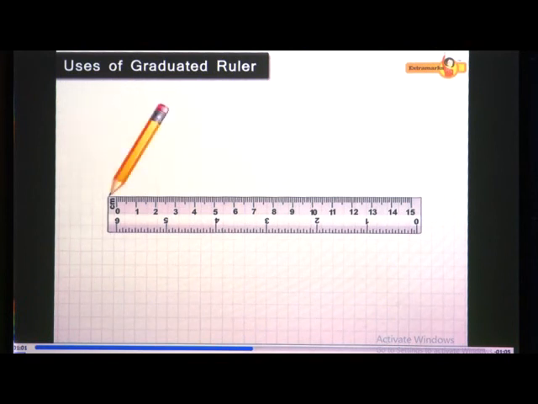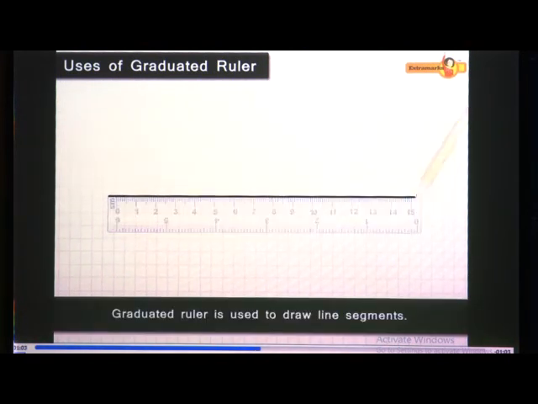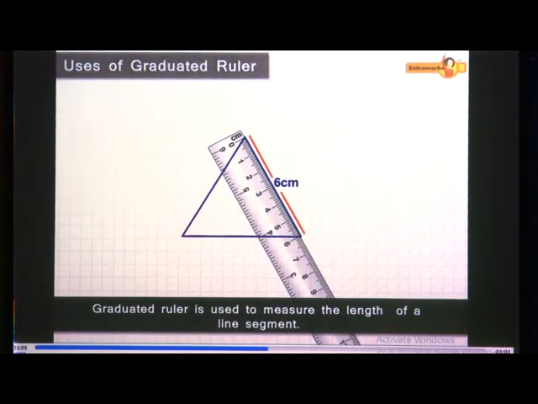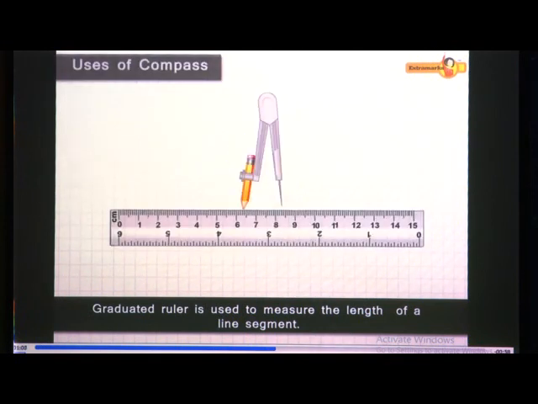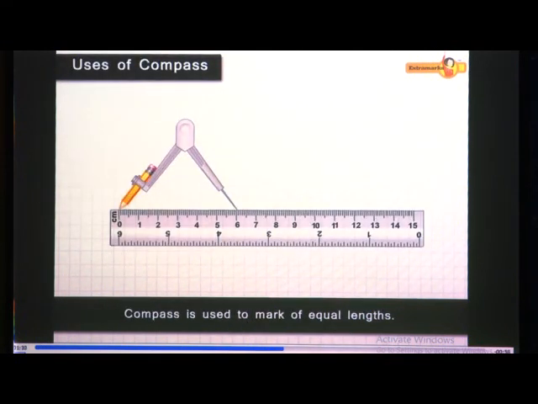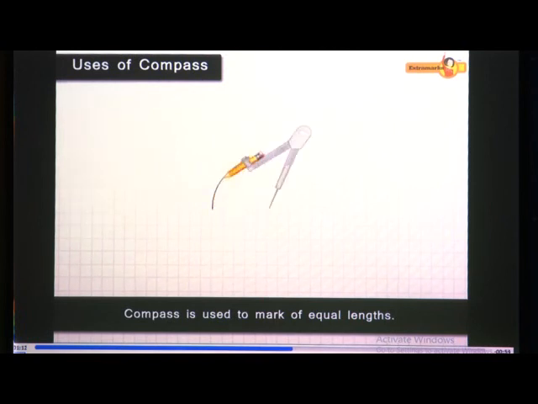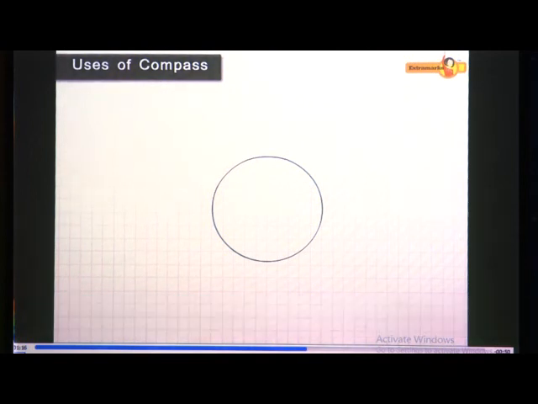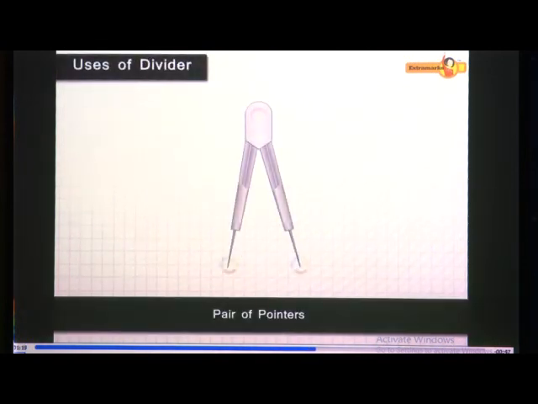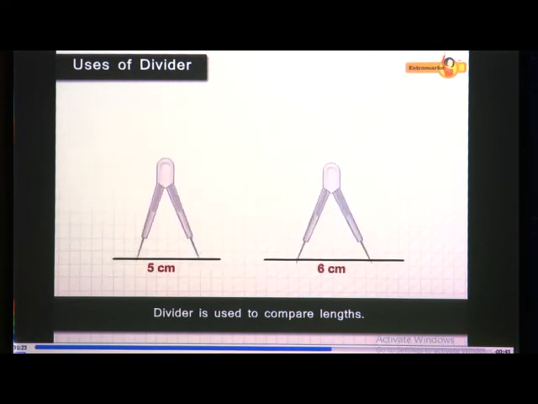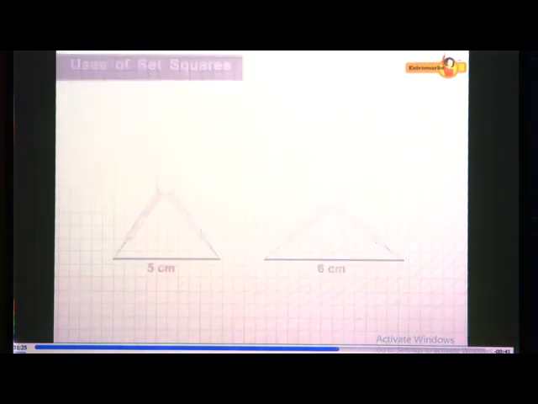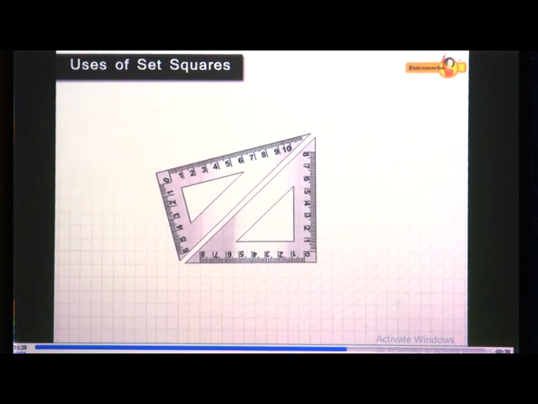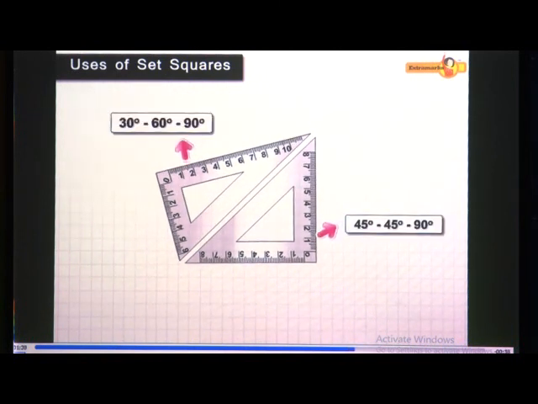A graduated ruler is used to draw line segments and to measure their length. The compass is used to mark off equal lengths. Arcs and circles can be easily drawn with the help of a compass. The divider is a pair of pointers which is used to compare lengths. Set squares have 2 triangular pieces which differ in angles at the vertices.